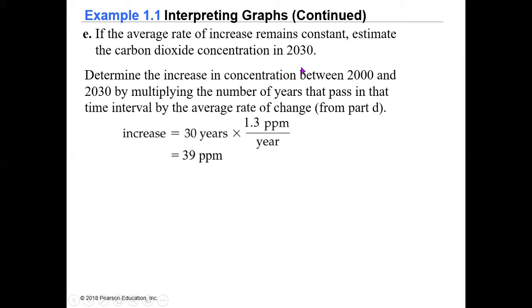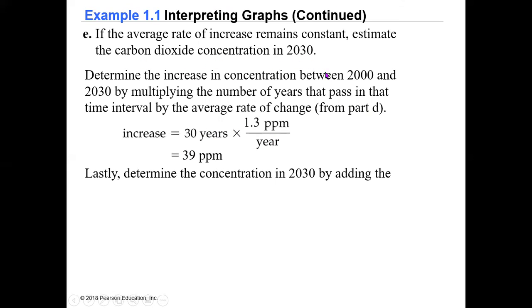Between 2000 and 2030 will be 30 years. So for 30 years, the total years multiplied by the rate, we will get this much change for the concentration of CO2.